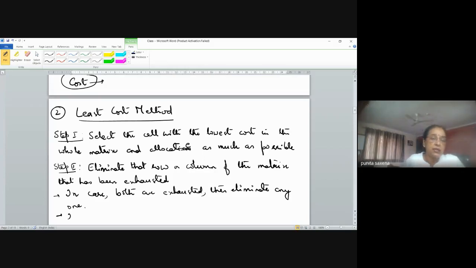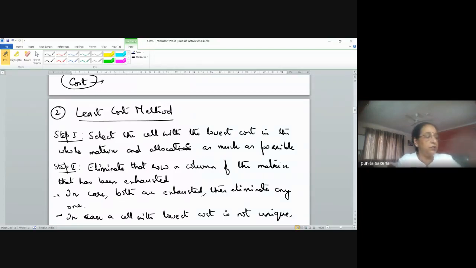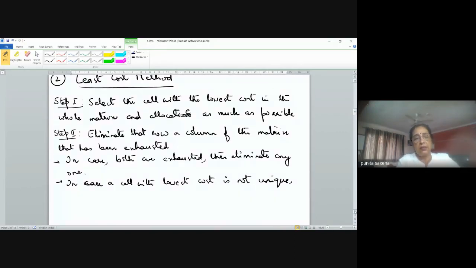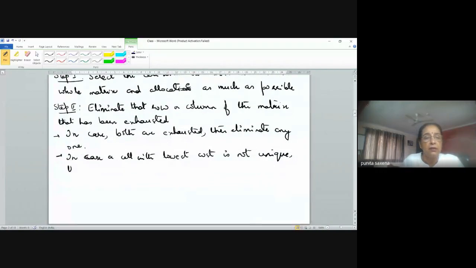So in case the cell with lowest cost is not unique, then we can choose, not random, okay, then choose a cell where maximum allocations can be made.